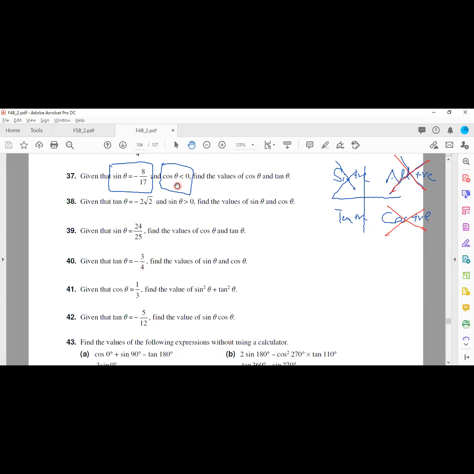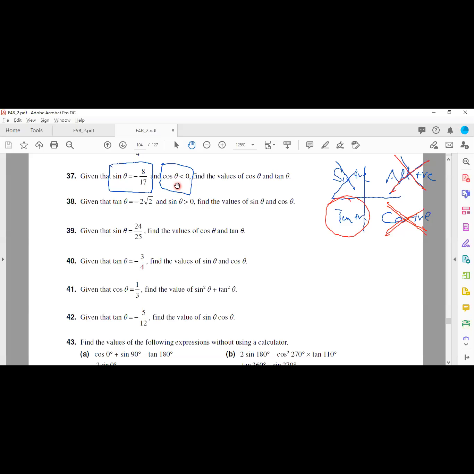It cannot be in box 4 either, because box 4 means cosine is positive, but now we know that cosine is negative. So the only possible solution is box 3.